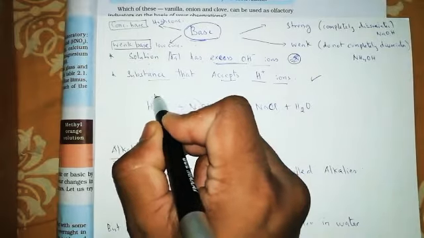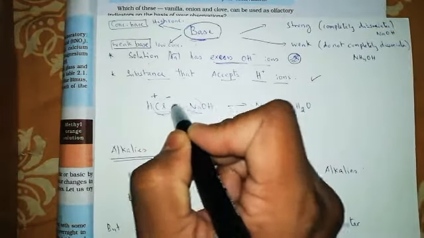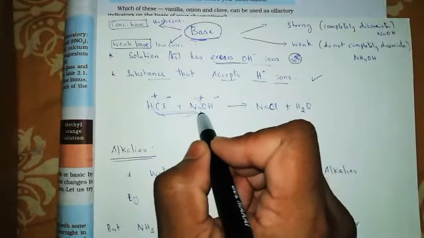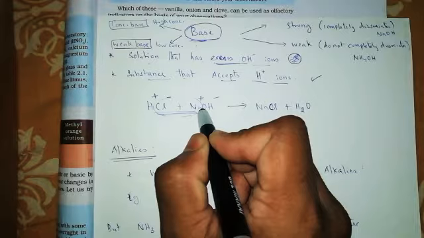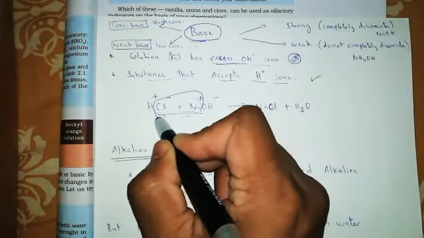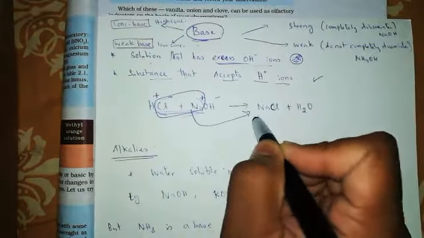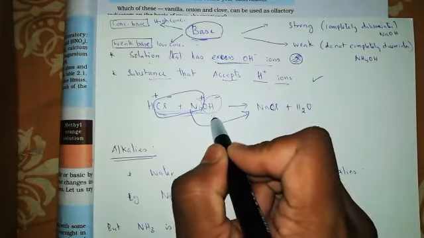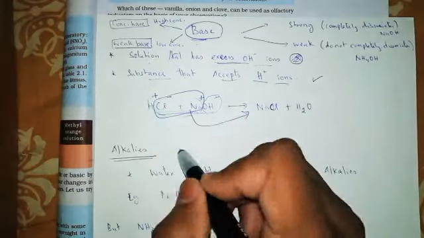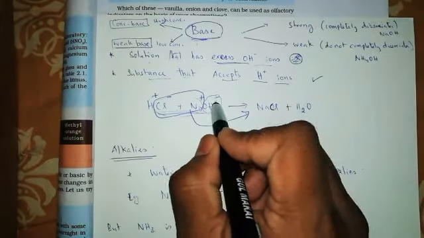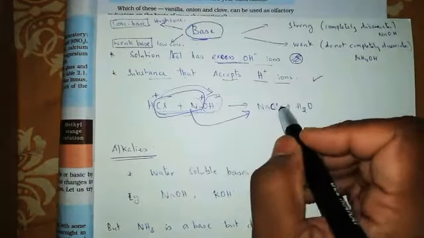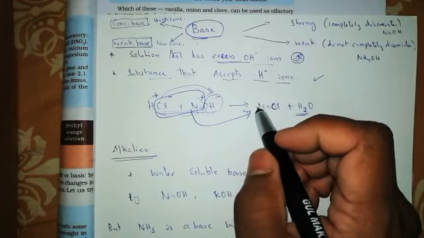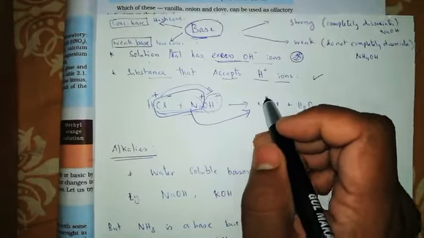If this is H plus and Cl minus, hydrochloric acid, and sodium hydroxide, Na plus and OH negative ions, what will this sodium do? It is positive and catches the negative, and it forms NaCl. And what about this hydroxide? You see what hydroxide is doing, it catches the H plus. Do you understand that? So it accepts the H plus ion and forms H2O, right?